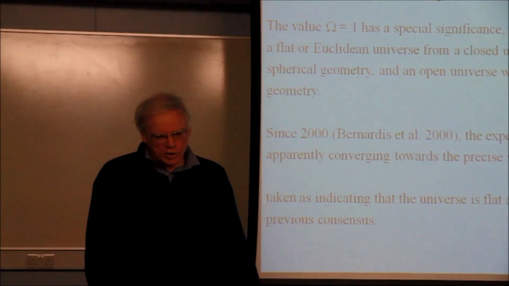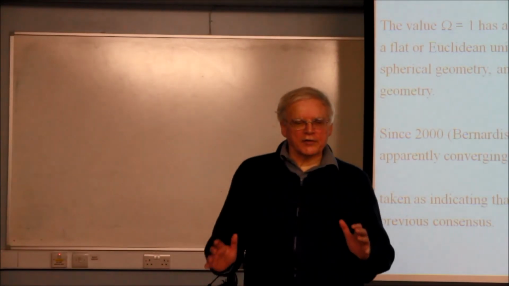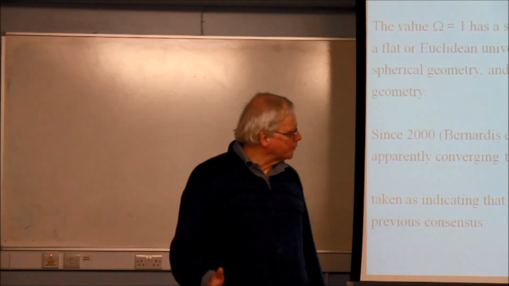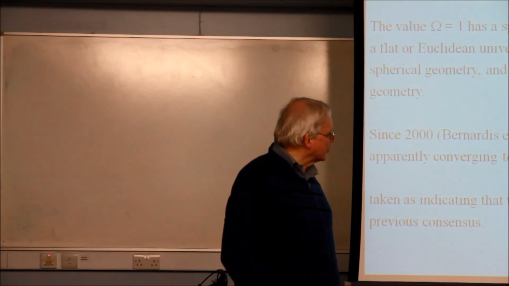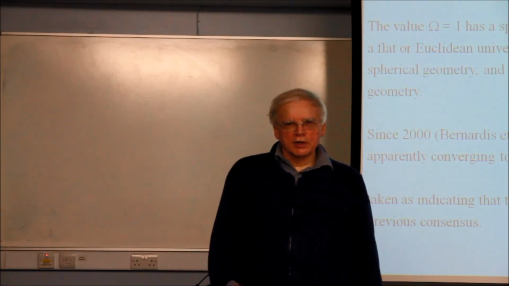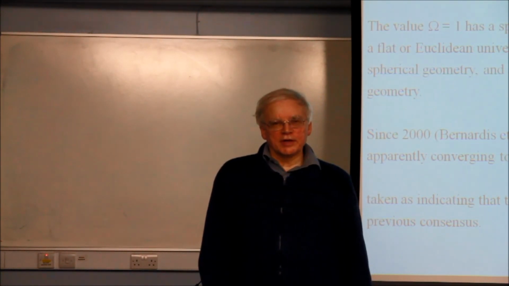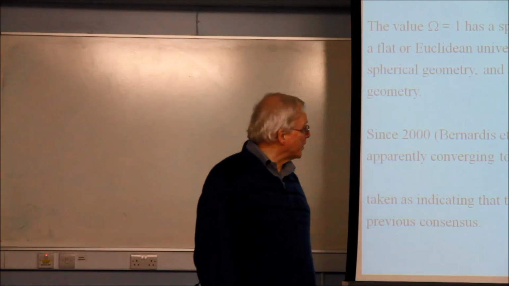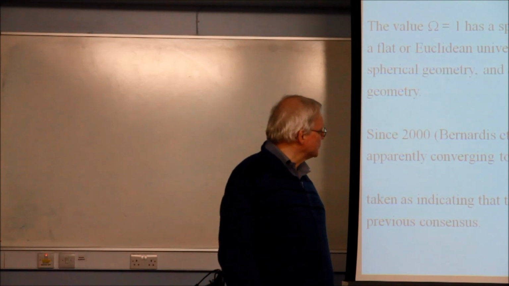Now, we know now, to a very high degree of accuracy, that the universe has omega equals 1. It is at the critical density. And this was established around about the year 2000.